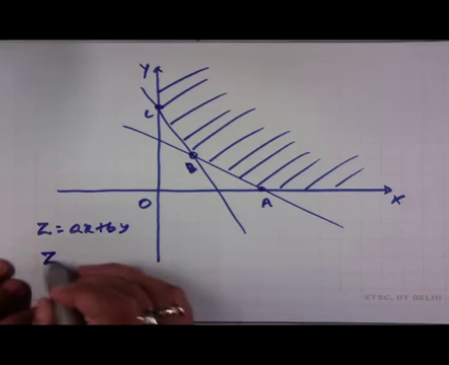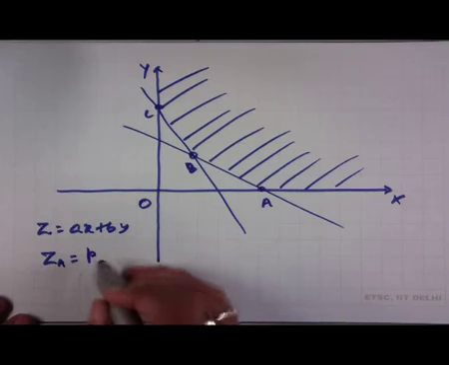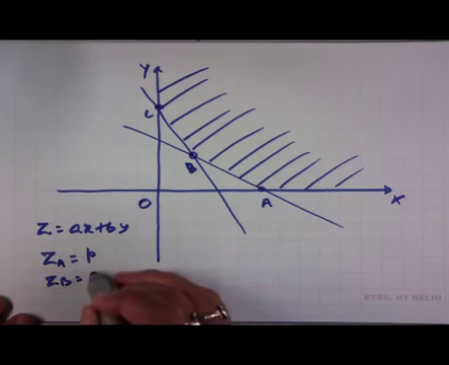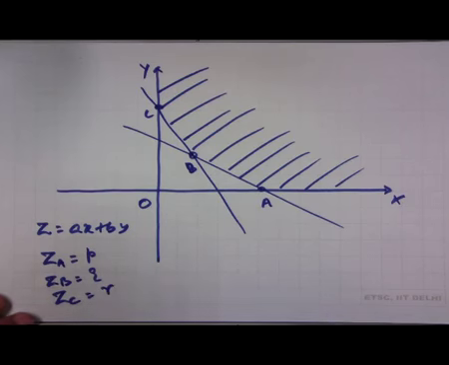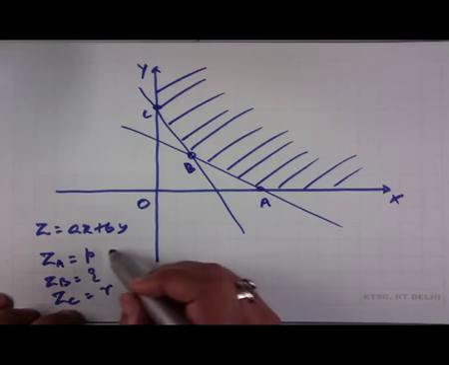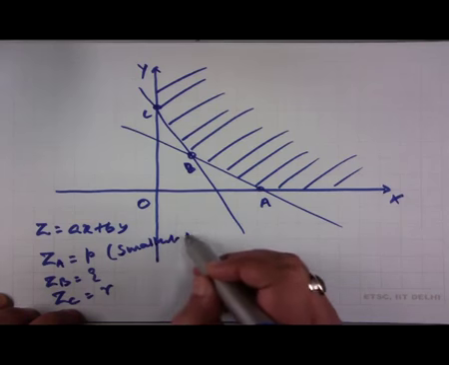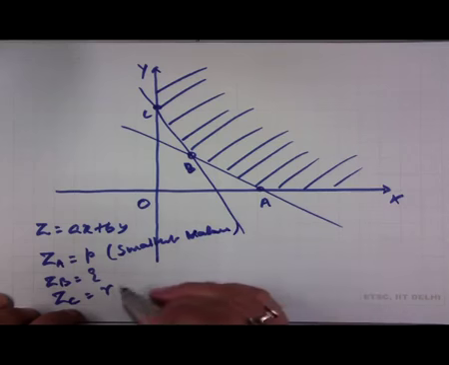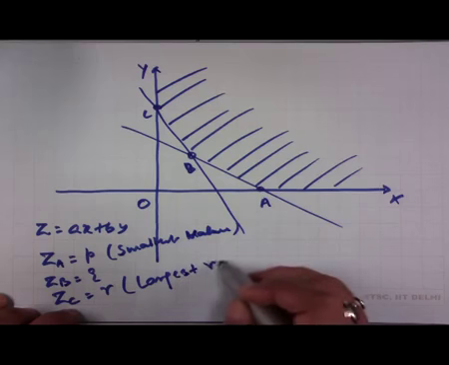So the value of z at A is, say, P, the value of z at B is, say, Q, and the value of z at C is, say, R. And suppose P is the smallest value and R is the largest value.